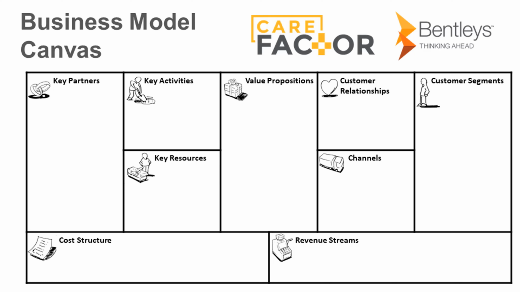The back of house functions involve resources, activities, and partners. Resources are the assets that you require to offer and deliver the value proposition to your customers. The activities are the types of things that you need to complete to deliver the value proposition. So they may include brand development, sales and marketing, or manufacturing.